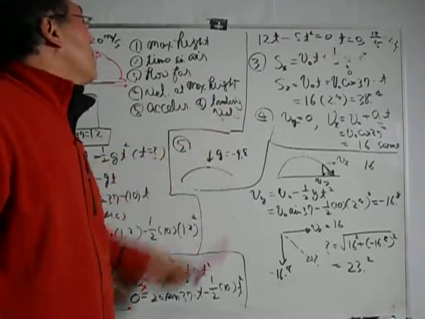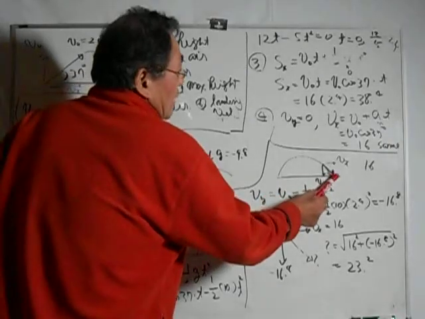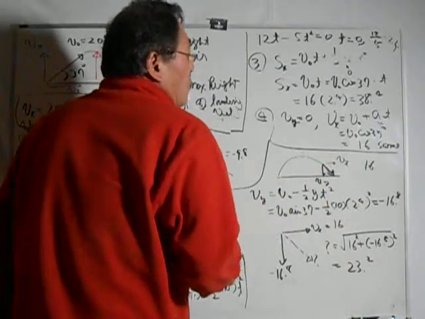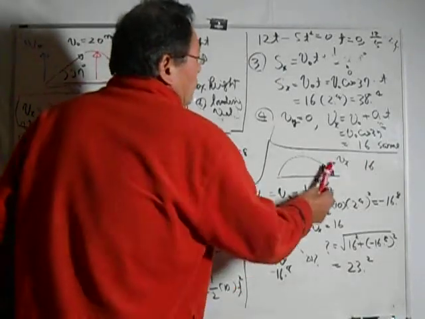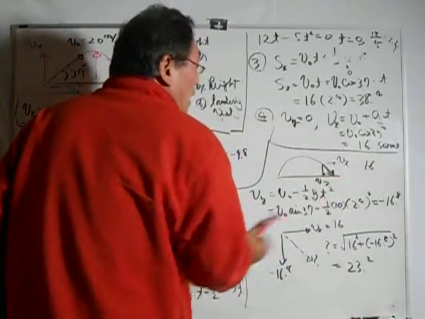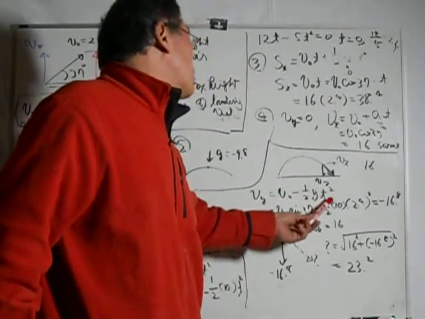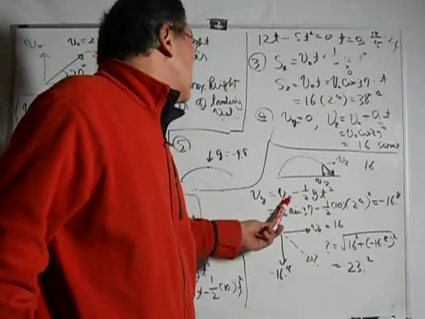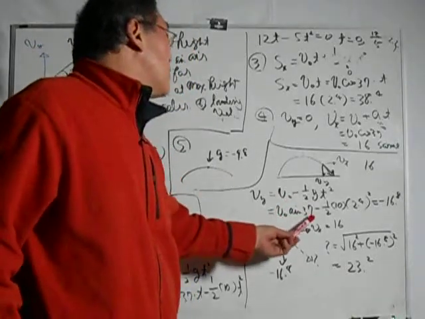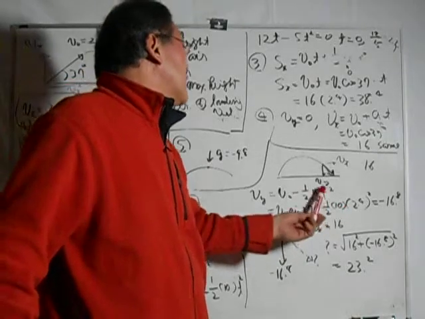6. Landing time velocity. At the landing time, right there, at impact, we have two components of speed. Vx is always 16. Vy, we have to figure out. Vy is V0y minus g t. V0y is 20 sine 37, minus G, roughly 10, times t.